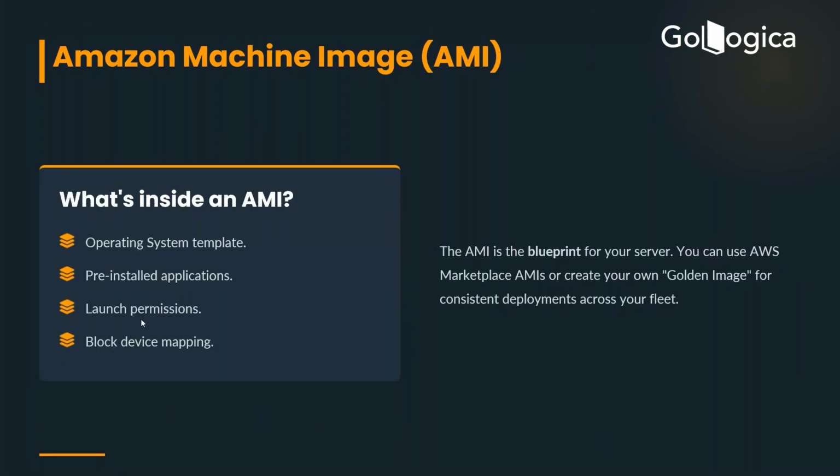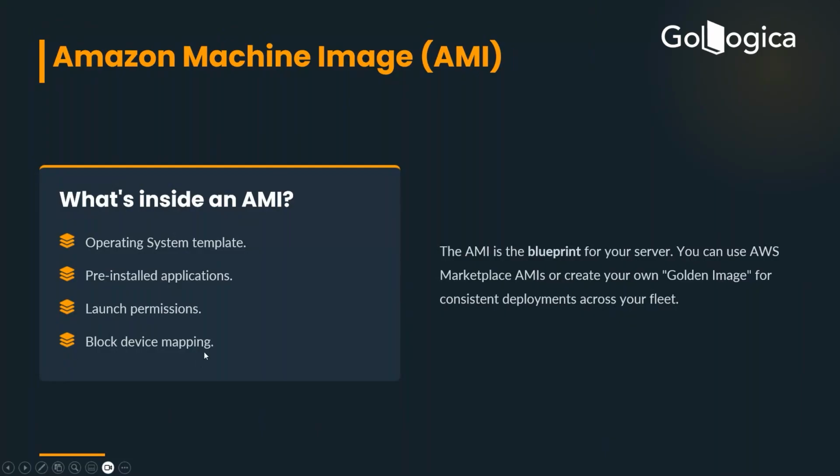So these launch permissions are there in AMIs, so only the authorized user can launch their resources, these instances, and in which location, in which region. Everything is there in the AMI.